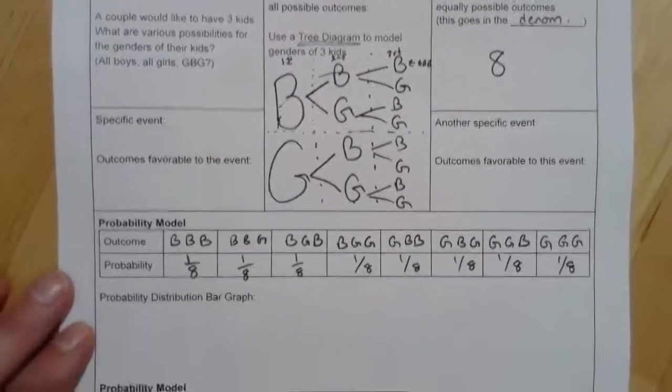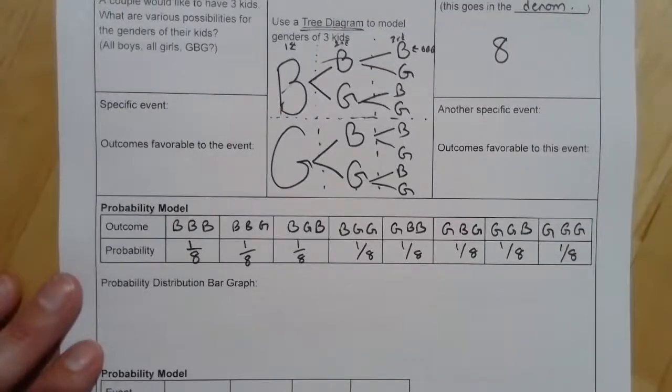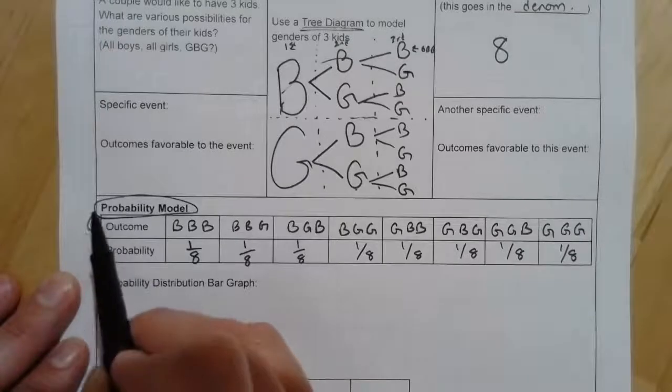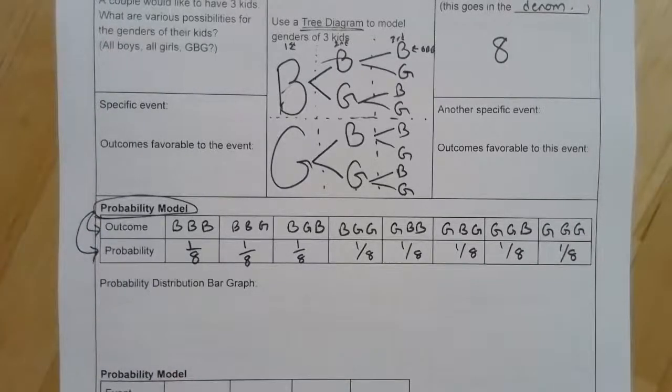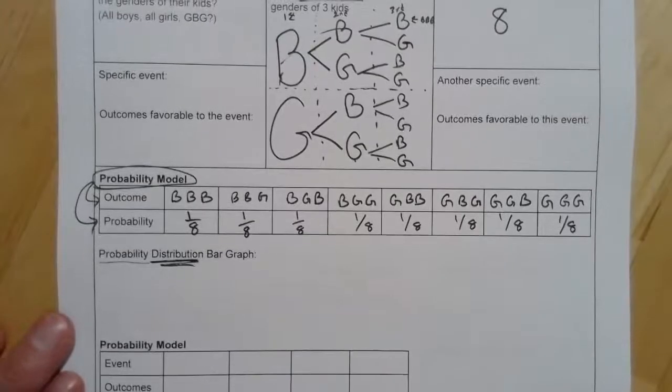So if we go and look at the probability distribution bar graph. This is a probability model where the first thing is the outcome and then next is the probability, and that's pretty standard for a probability model. But if it asks you to do a bar graph for the probability distribution, then that's what this is going to look like here.